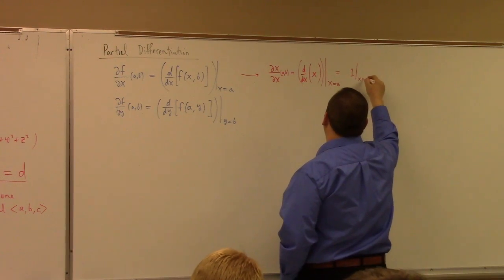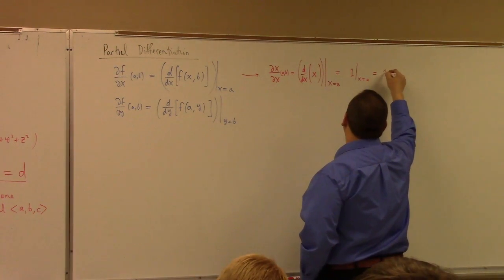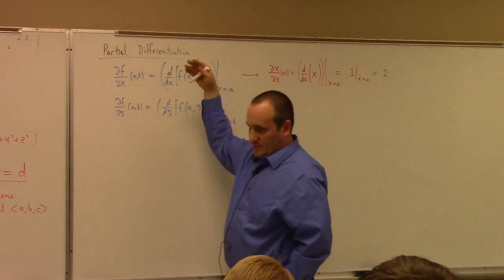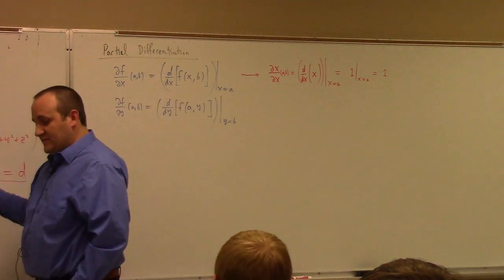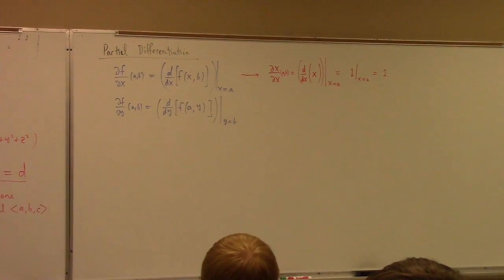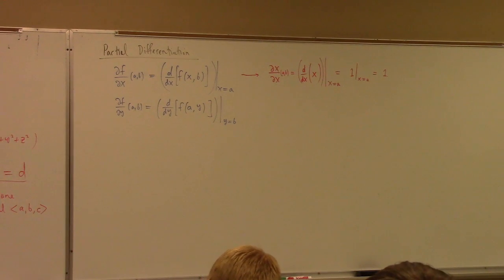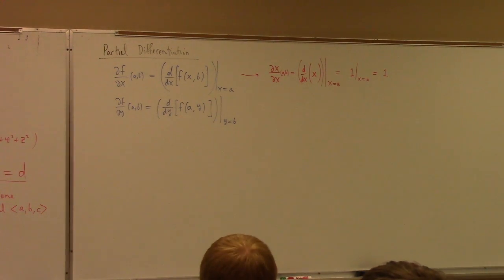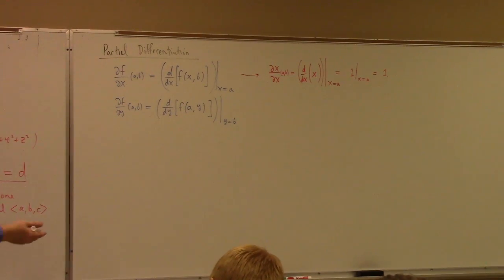Let me not belabor the definitions. All they're telling you is that to take a partial derivative, you differentiate with respect to the variable you're differentiating, and you hold the rest of them as if they were constants. That's all it is.